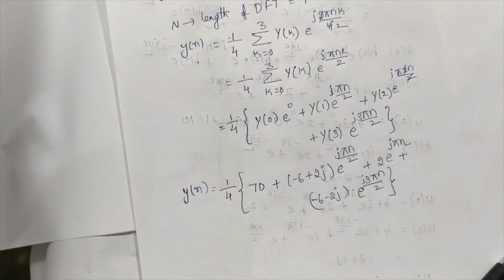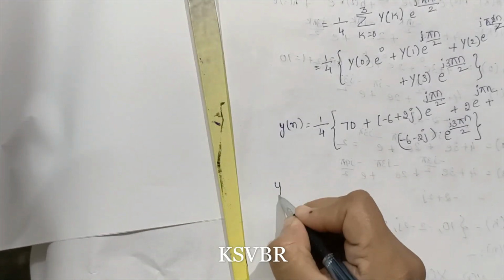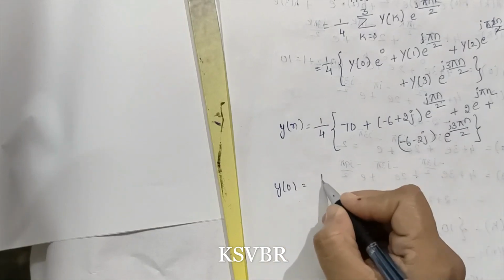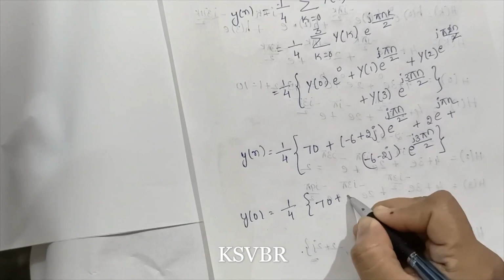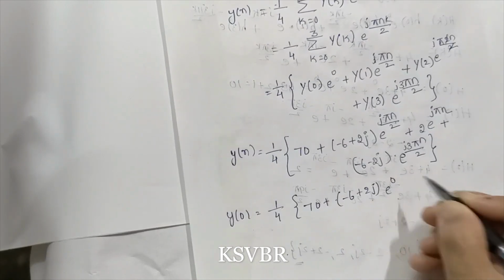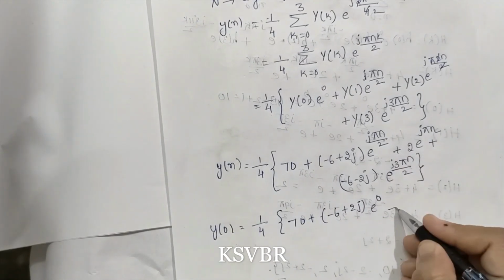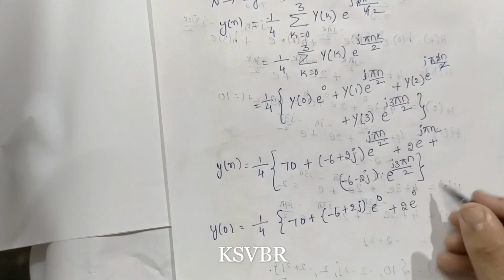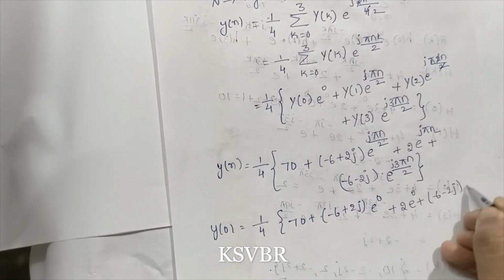So now substitute. If we want to find y(0), small y(0) is equal to 1/4 into 70 plus (-6+2j) into e^0. We put 0 wherever our small n is there. So plus 2 e^0 plus (-6-2j) into e^0.